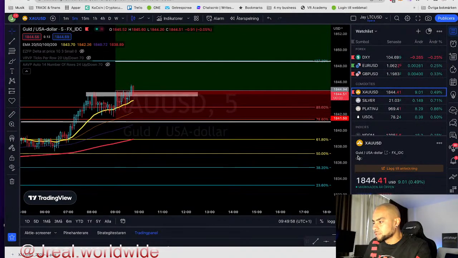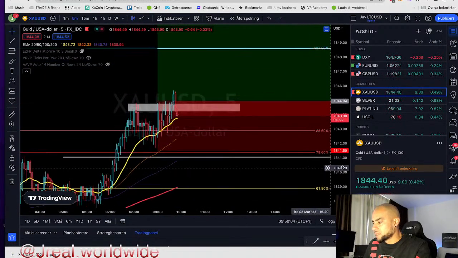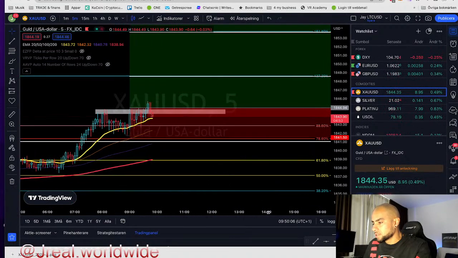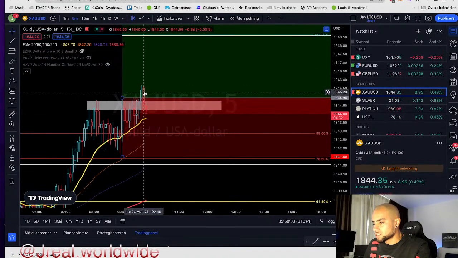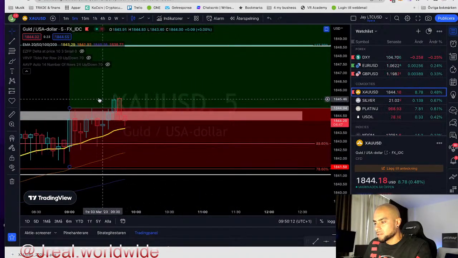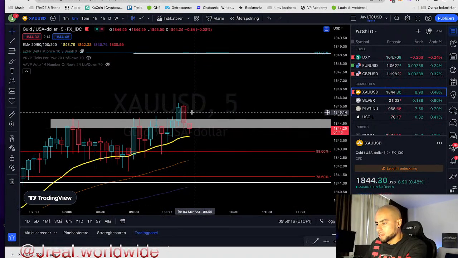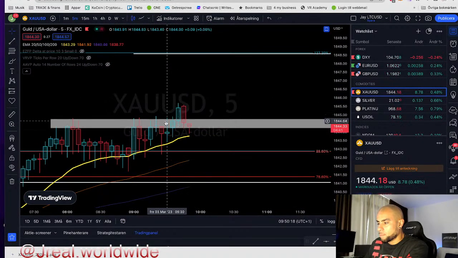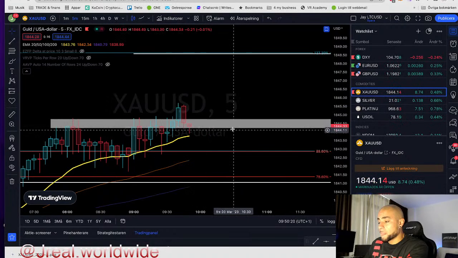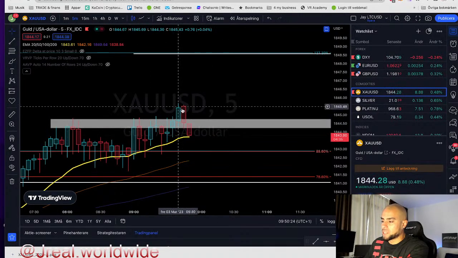3 seconds left. Oh damn! You guys saw that? So what happened is, I said that this candle has to close. Let's do it like this so you guys see it better. This candle had to close above the support zone, the previous resistance zone, and flip it as support.